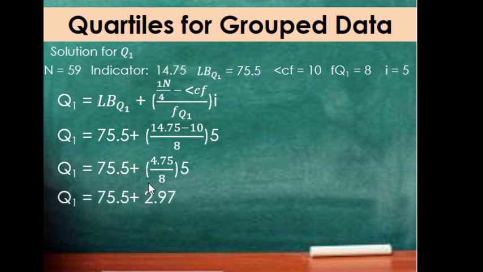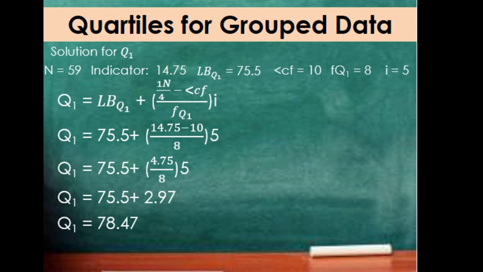So, the answer is 2.97. Then, i-add natin sa lower boundary. So, 75.5 plus 2.97. So, quartile 1 is equal to 78.48.